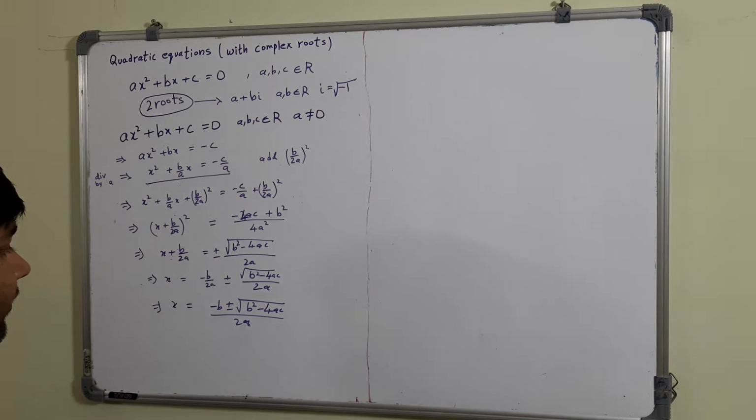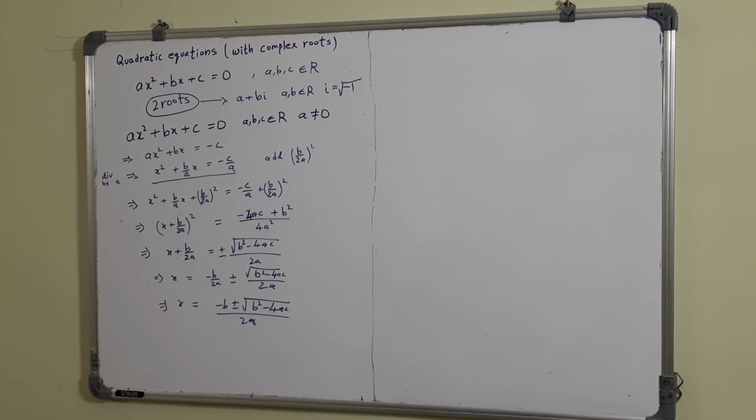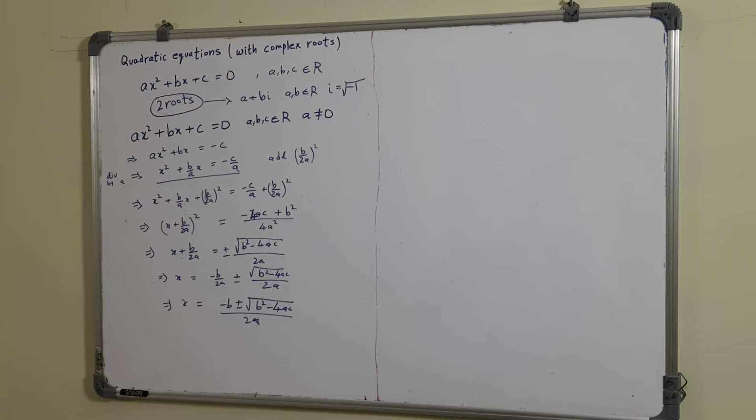So let's see what we have here. The value x equals minus b plus or minus root of b square minus 4ac, divided by 2a. This is actually two values.